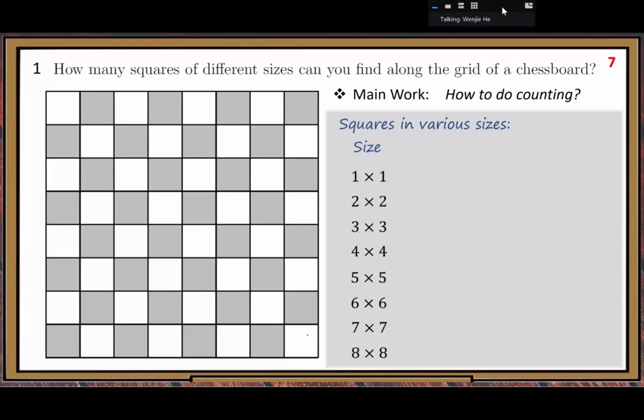In the size column, we have 8 different categories. The second column is the number of squares for these 8 corresponding categories. How many 1x1 squares? 64. Good. But here I separate the horizontal and vertical dimensions.